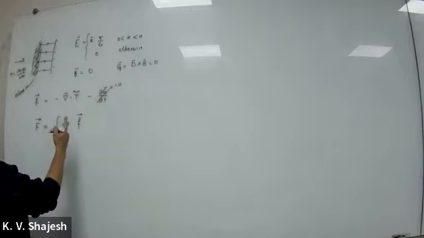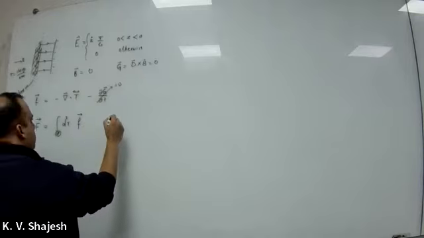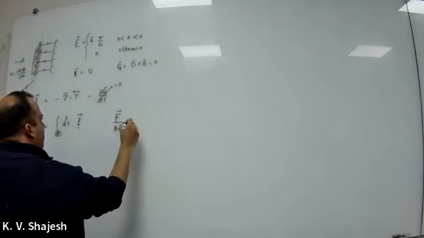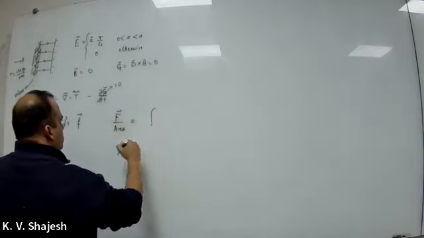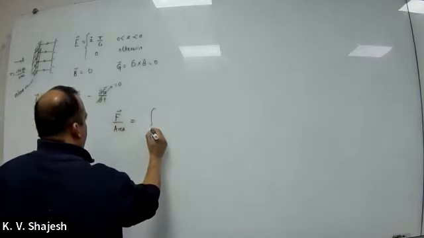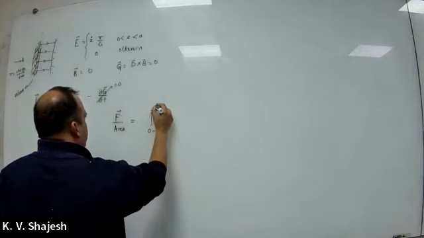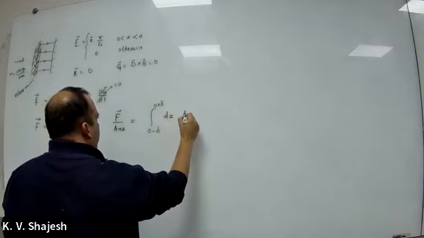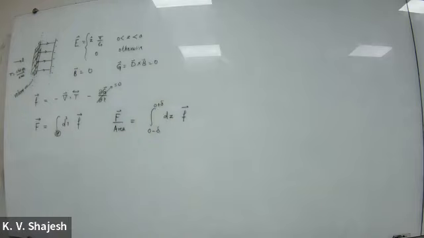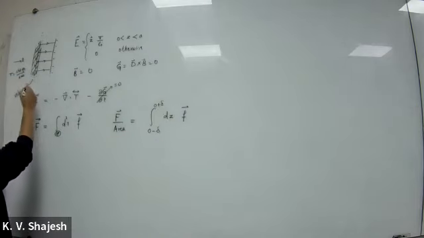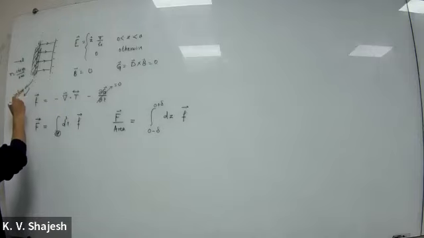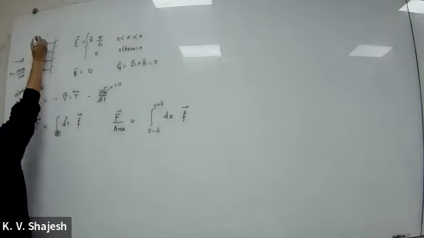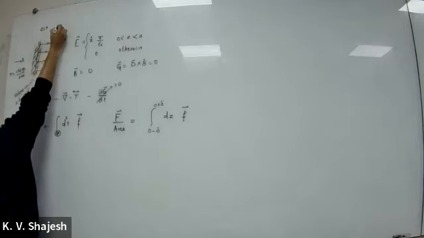So this implies that force per unit area will be equal to the integral over dz, where I have to go from 0 minus delta to 0 plus delta, of f dz. Is that clear? So when I'm integrating, this plate is 0 minus delta, this plate is 0 plus delta. Remember, this is z equal to 0, that's z equal to a.